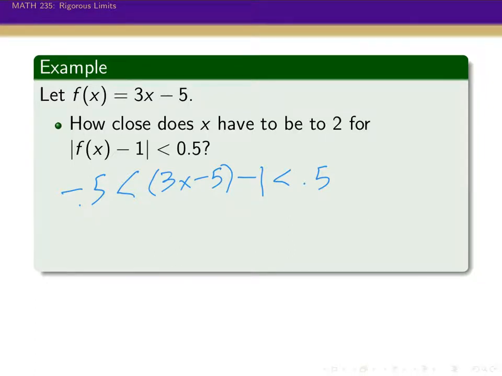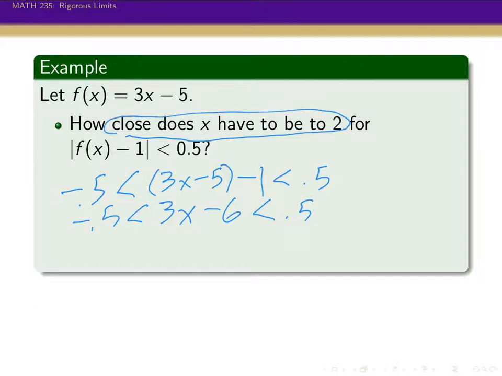Okay, now we're just going to start doing some algebra. So over here I've got 3x minus 6, simplifying on the inside. Now we're trying to measure how close x is to 2, and so that's going to be talking about the absolute value of x minus 2. Well, look at 3x minus 6.